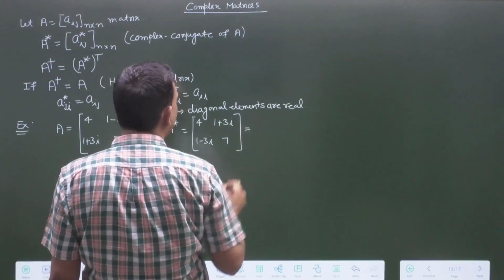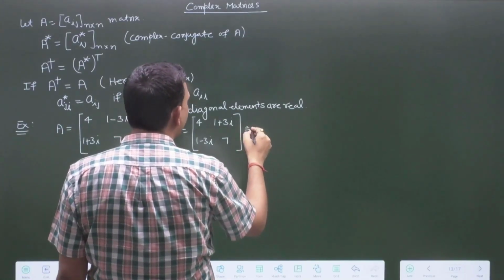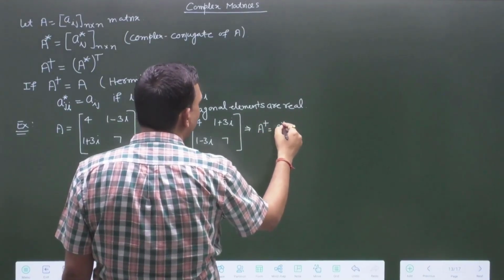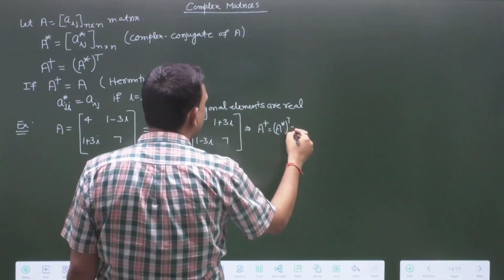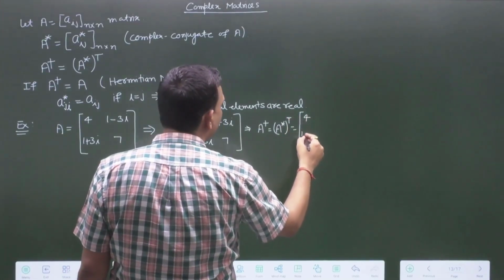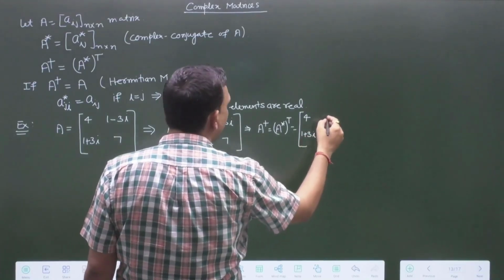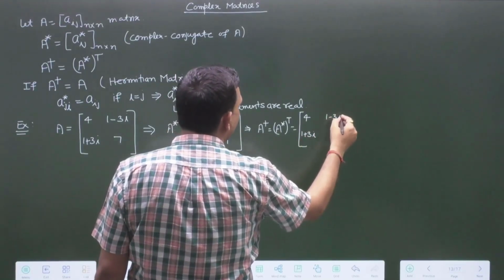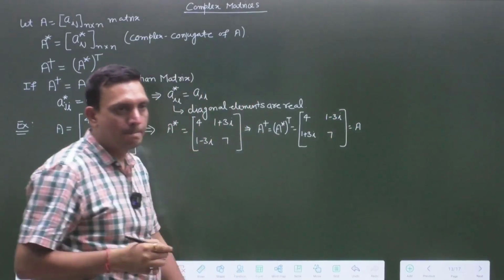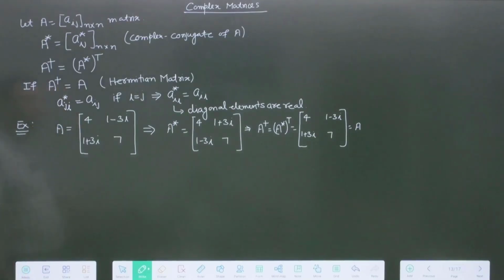And this will give you A dagger, the complex conjugate transpose: 4, 1 plus 3 iota, 1 minus 3 iota, 7, and that is the same as A. So A is a Hermitian matrix. Okay.